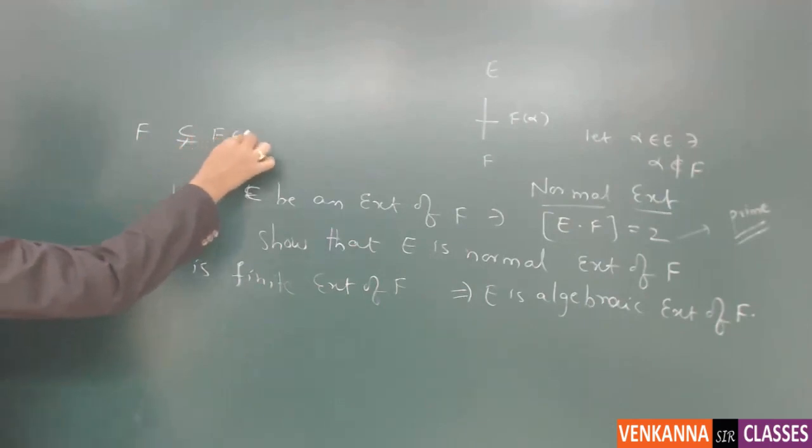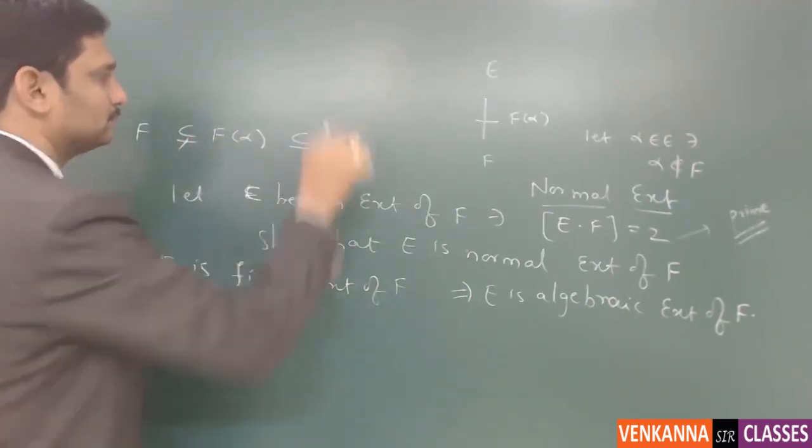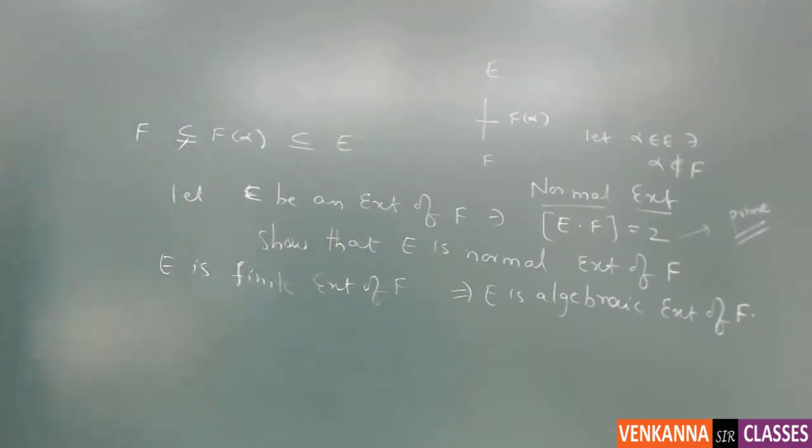F is a proper subset of F(alpha) and this is a subset of E. All of you accept it? Yes or no? Say.